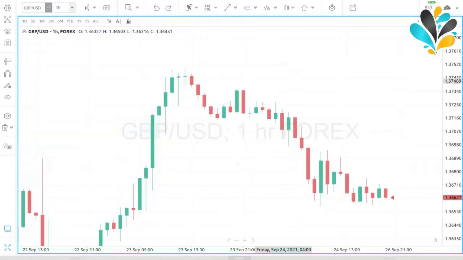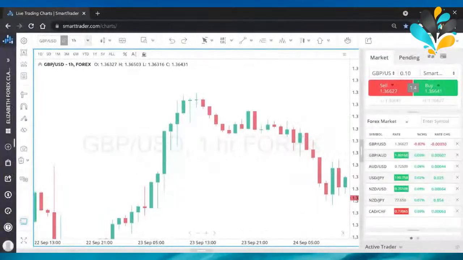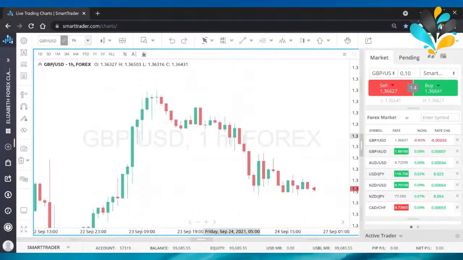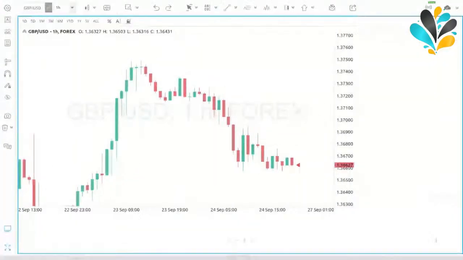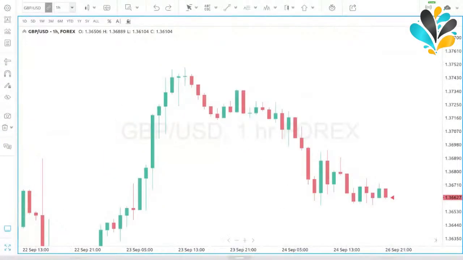You have the full screen mode essentially for the chart, where it removes even the section to the bottom that shows a little bit about trading. So that allows for you to only see the movement on full screen.